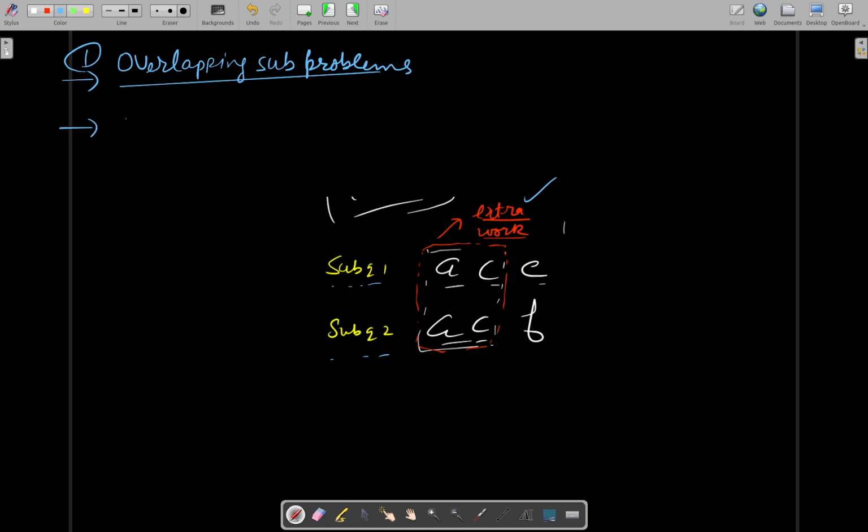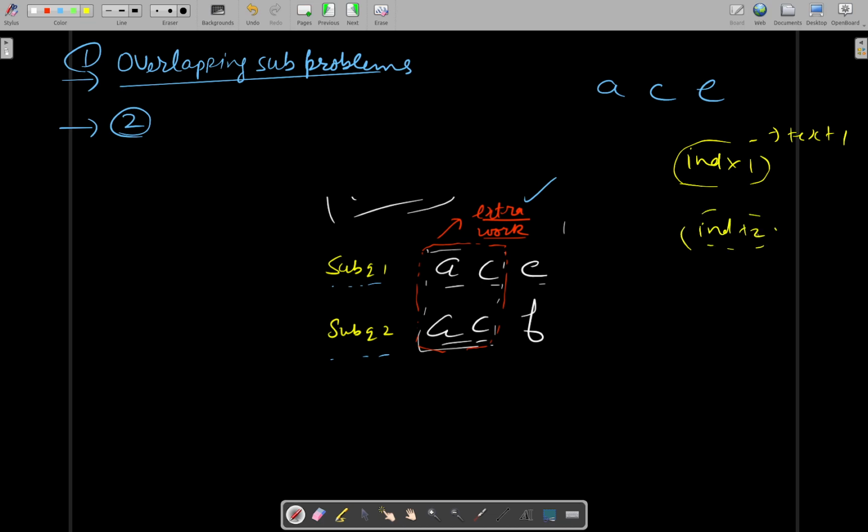Now let's make the second observation. ACE. If we were to find what is the longest common subsequence on this particular character, then we have to know the answer for previous ones. Let's say we are on a particular index on the first string, text 1, and we are on a particular index at second string, text 2.